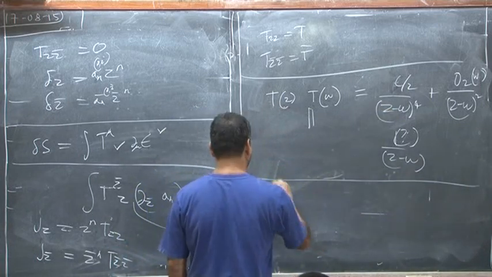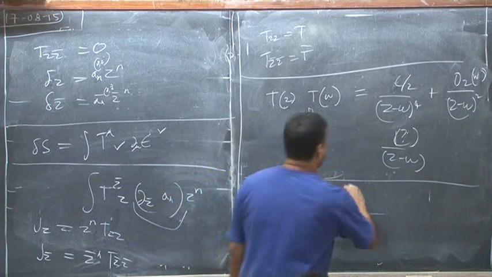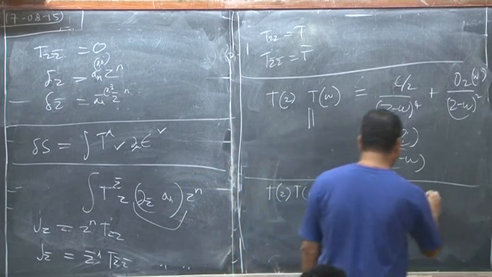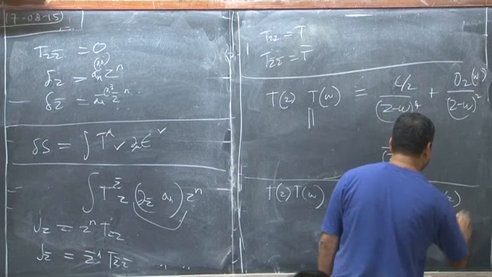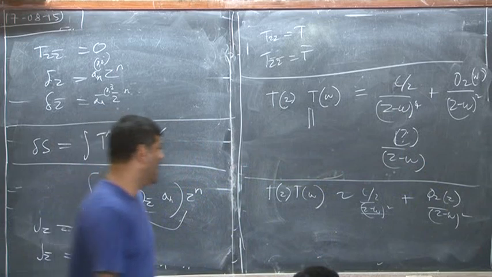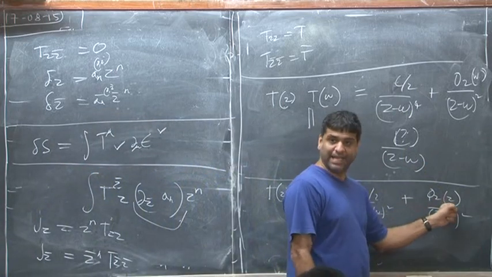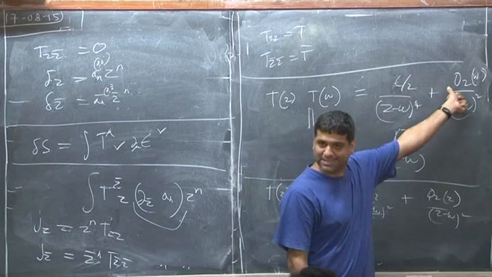We get T(Z)T(W) is c/2 by (Z minus W) to the fourth plus O2 of Z by (Z minus W) the whole square. Now, if we take this object and expand it around Z equal to W, the leading term is the same as this. That's good.